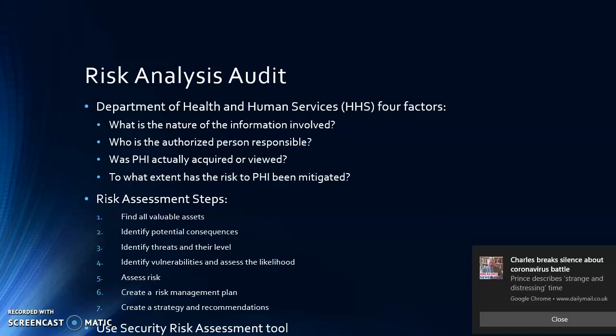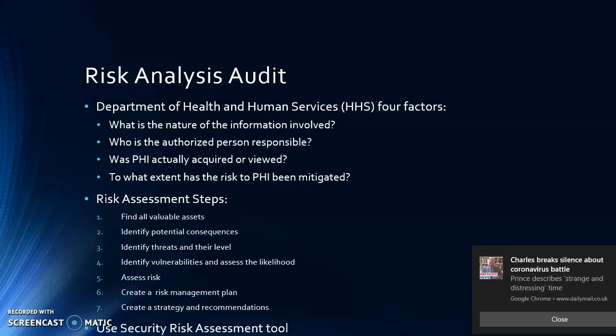Step 5, assess risk, which involves determining the impact of possible threats on the PHI, and documenting all potential impacts and determining risk levels during this step.